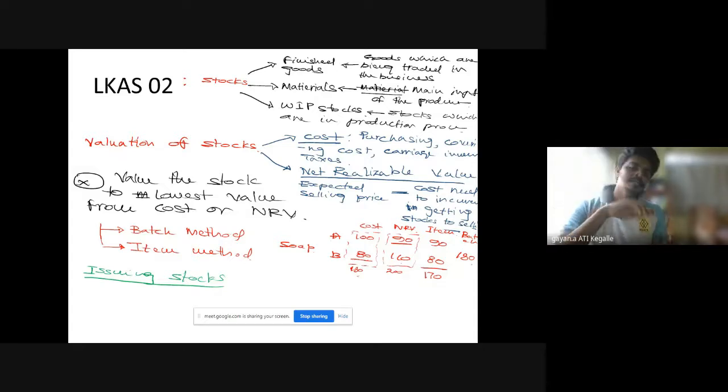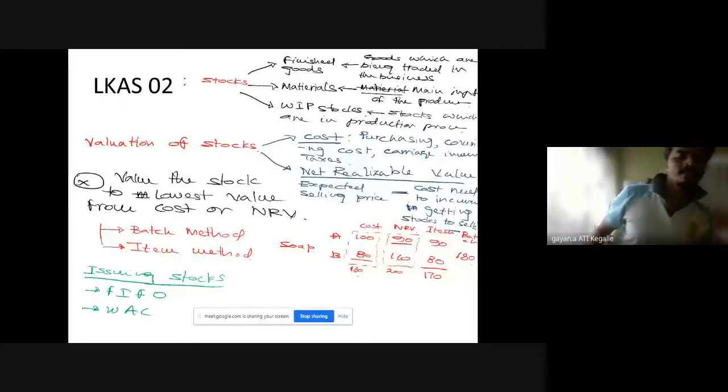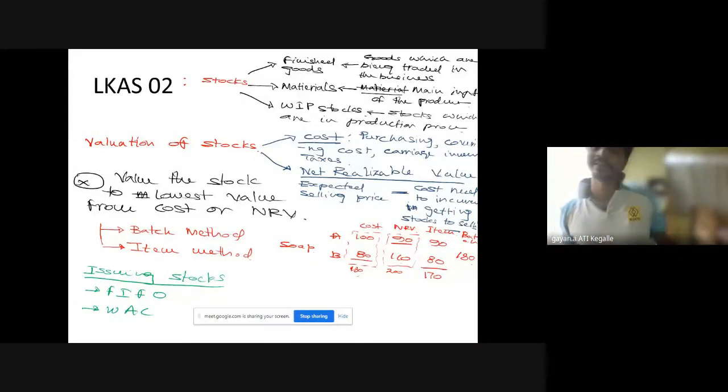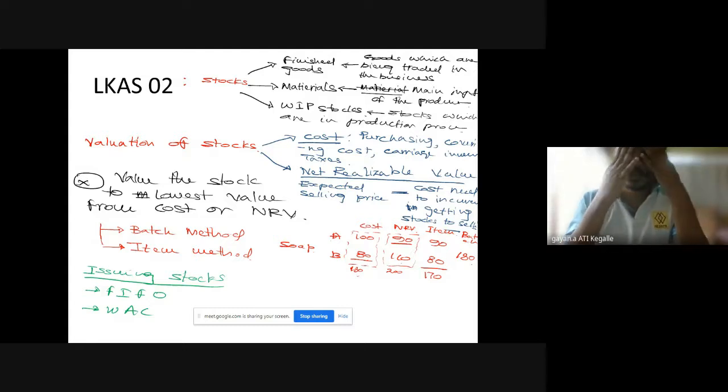Okay, but the LIFO method is not recognized in LKAS 2. In LKAS 2, what is recognized is the FIFO method and the WAC method. Just you refer to those. Costing වලදී මේවා කතා කරන්න ඕනේ. හරි. ඔයාලා refer කරලා ඉතින් මේවා කරගන්න.